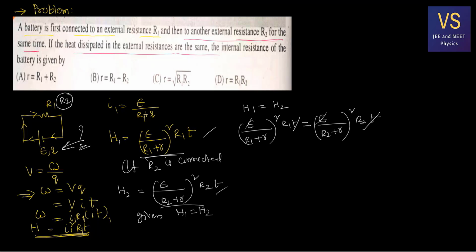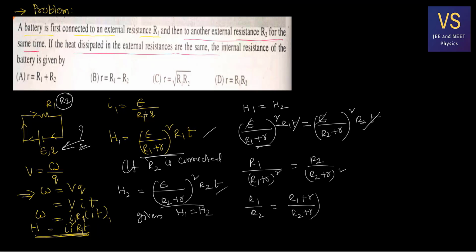This E also gets cancelled because it's the same battery. So what is remaining? R1 by R1 plus R whole square. Here whole square is there. R2 by R2 plus R whole square. So if you simplify, R1 by R2 equal to R1 plus R whole square by R2 plus R whole square.